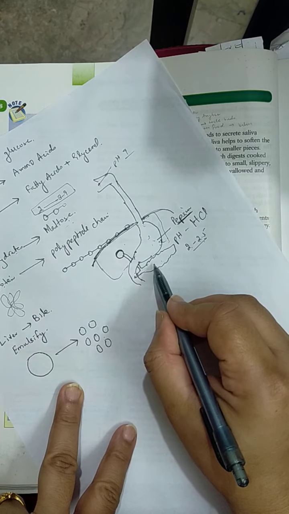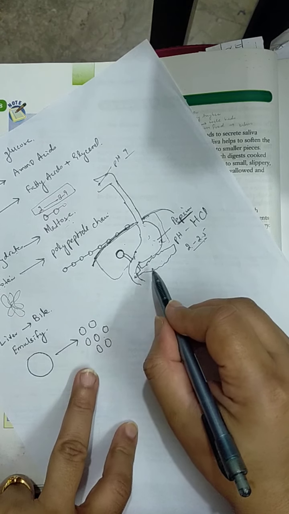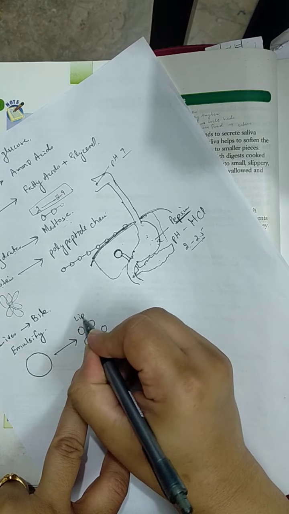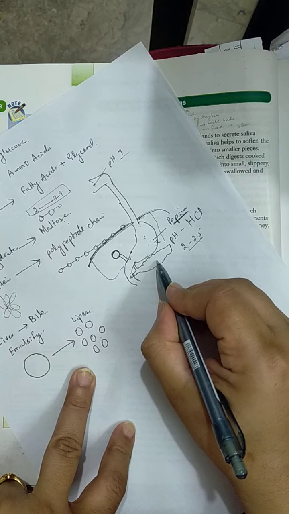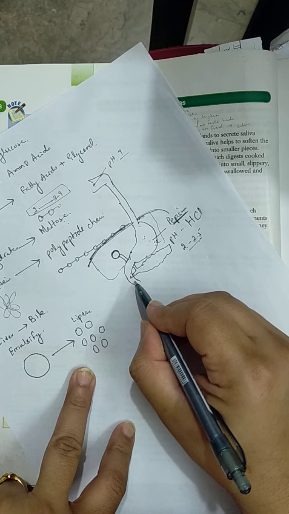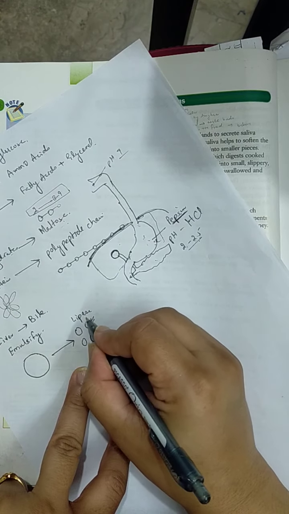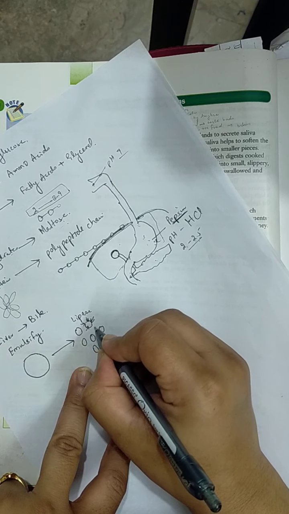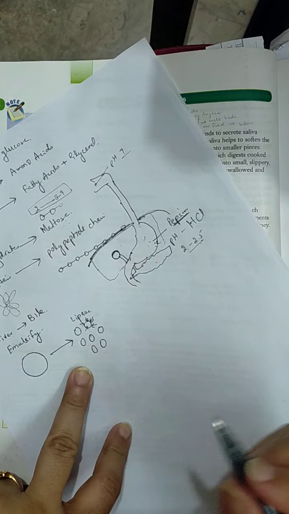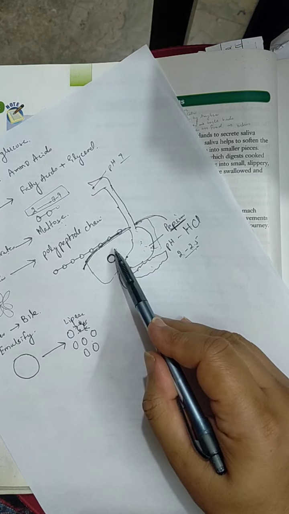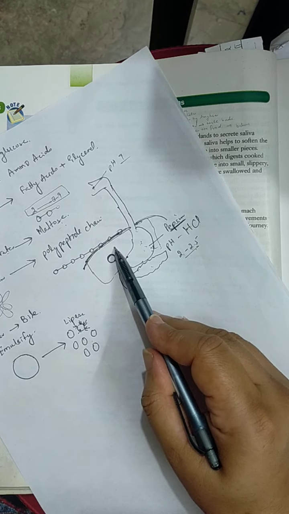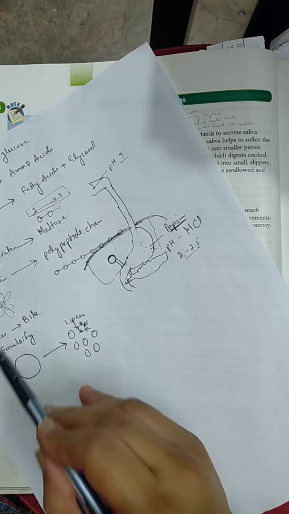Then another enzyme, lipase, is present in pancreatic juice and in the intestinal juice, and it can easily digest these small droplets of fat. So bile does not contain any enzyme; it just emulsifies.